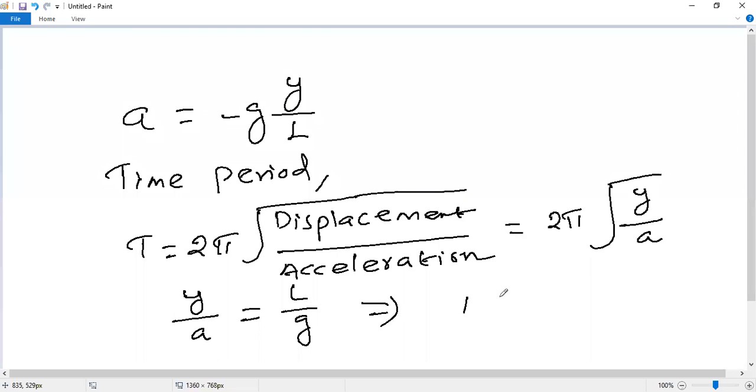You will get T is equal to 2 pi root of L by g. So this is the time period formula of a simple pendulum. It depends upon length and g. It is independent of the mass of the bob, the amplitude of vibration, and theta.